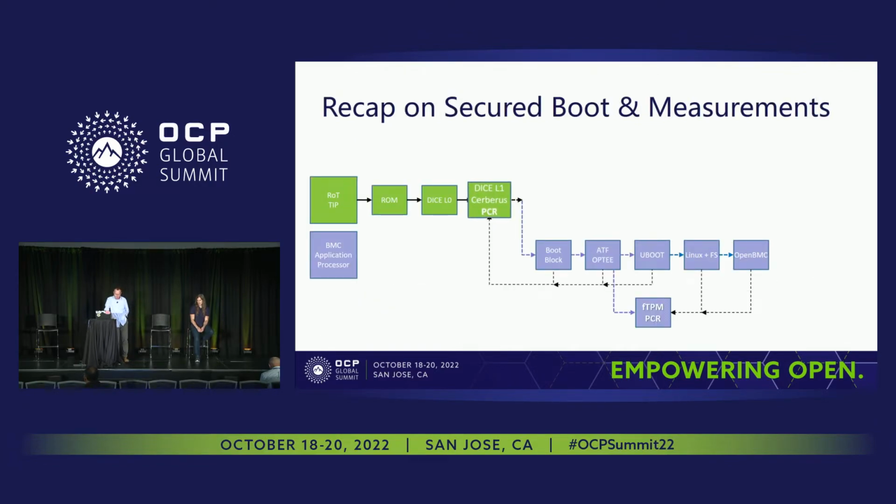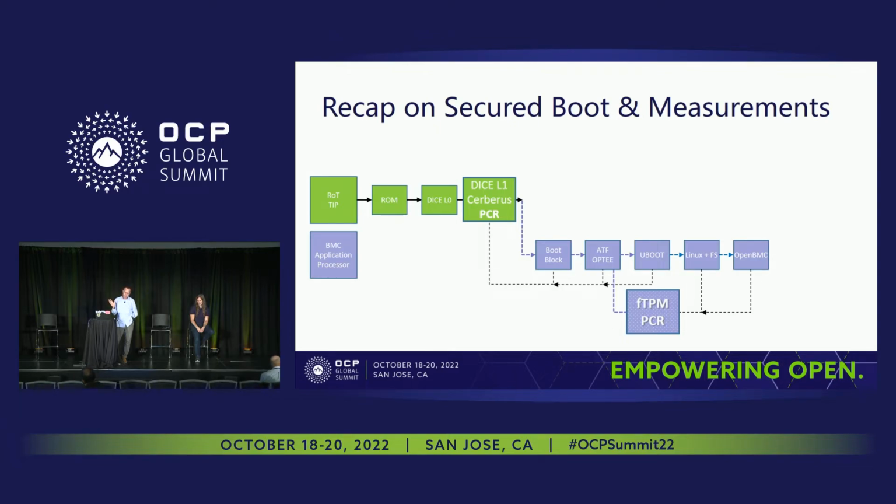Just a short recap. We have the measurements verified up to the DICE layer 1 on the chip side, and all the measurements it does up to that layer, including the measurements it's doing of the boot block, ATF, and U-Boot, are all registered and kept in the chip PCR, Platform Configuration Register.